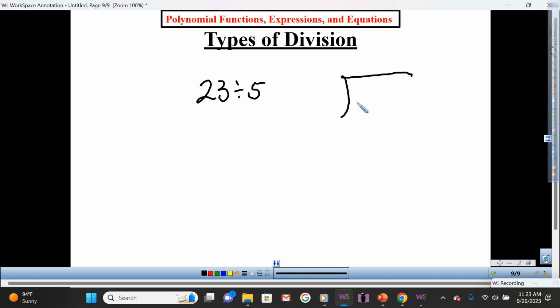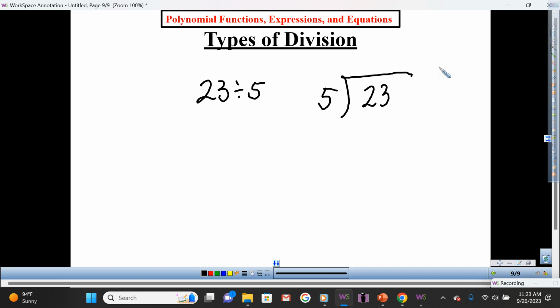Marty, which one goes inside and which one goes outside? Okay. 23 goes inside, and outside is the 5. I said Marley, but thank you, Martin. My bad, I need to pronounce more clearly. Any questions on the setup?